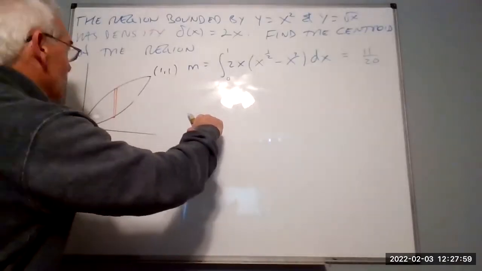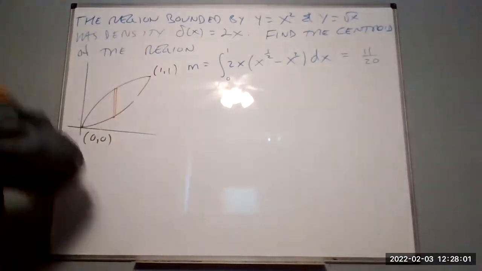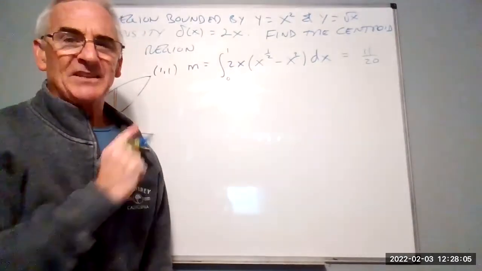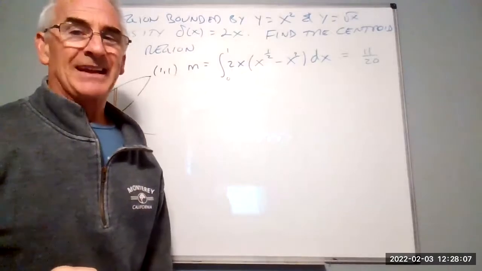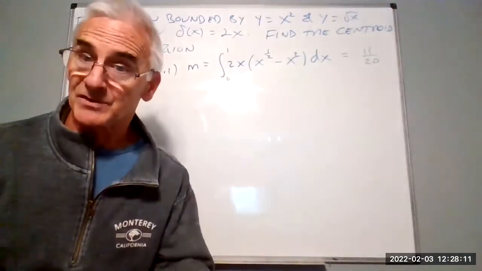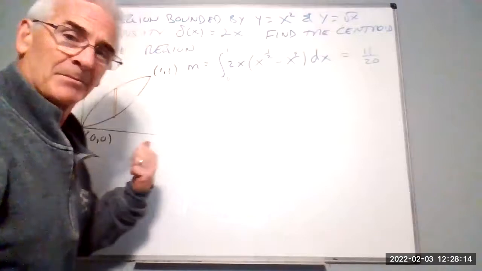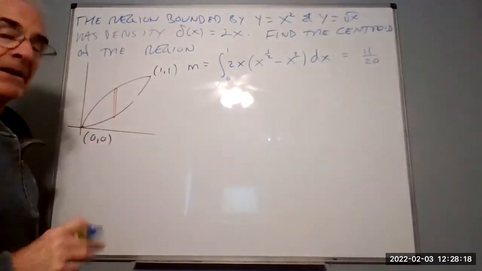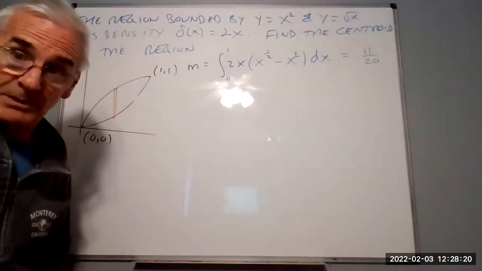So at the end of the problem, if my center of mass is over here or in the second quadrant, it probably means I have an error. It is reasonable to say the center of mass is probably located inside that shape. By the way, I will show you that sometimes there are exceptions to that. But looking at this, I'm pretty certain it's going to be inside here. That will help me check my final answer.